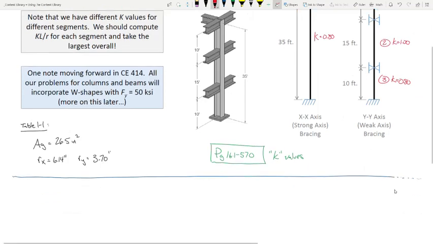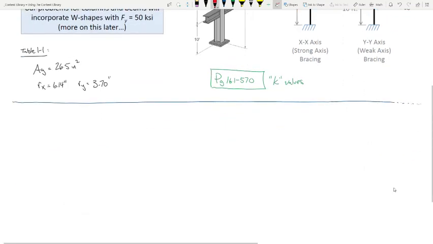Now we're going to go into analysis, and we're going to determine first the worst KL over r, and by worst, I mean the highest. I like doing this in a table.